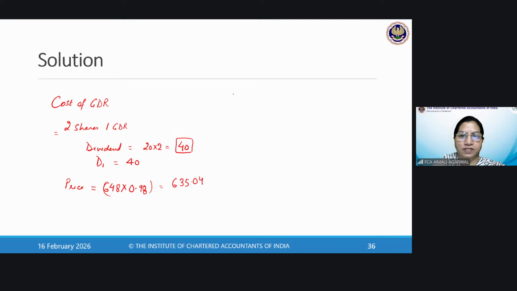So the cost of GDR using the same formula, K is equal to D1 upon P0 plus growth, where K is the cost of equity, D1 is the expected dividend, P is the price or net proceeds from the share or GDR, plus growth. So instead of P0, you can write net proceeds here.